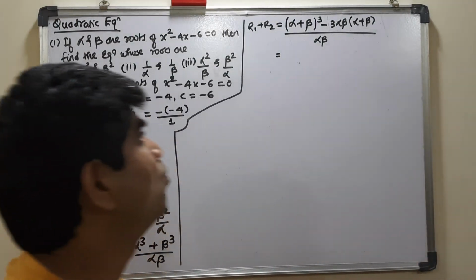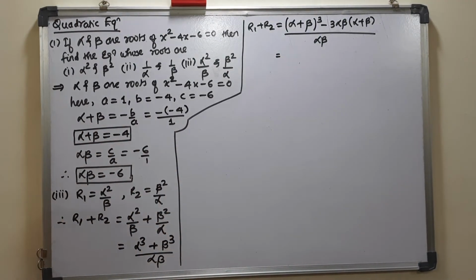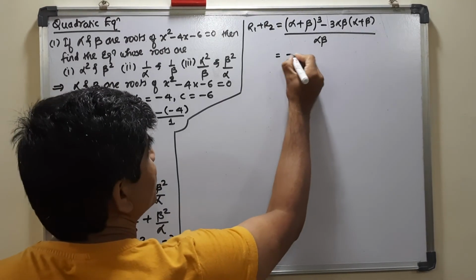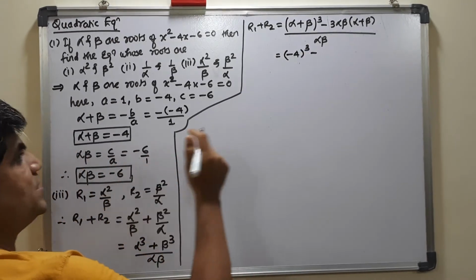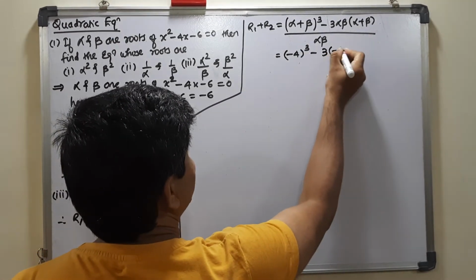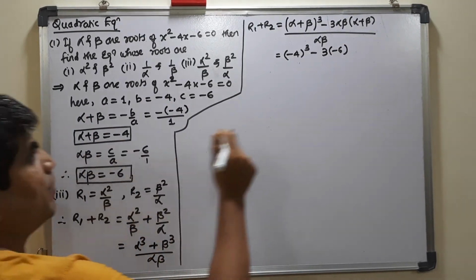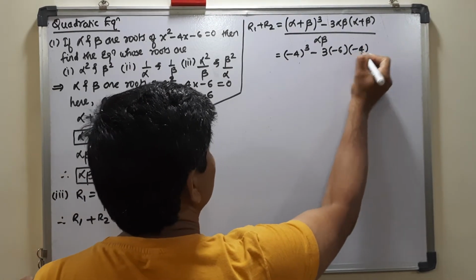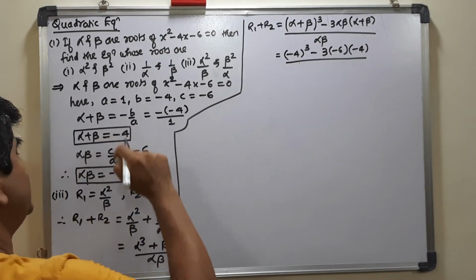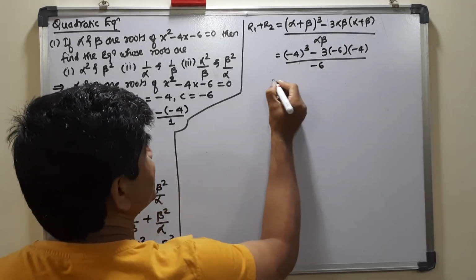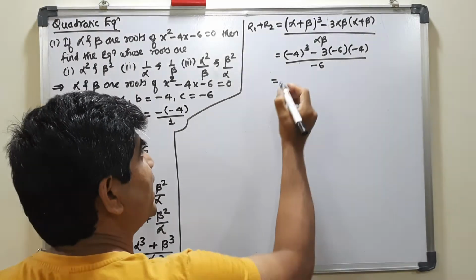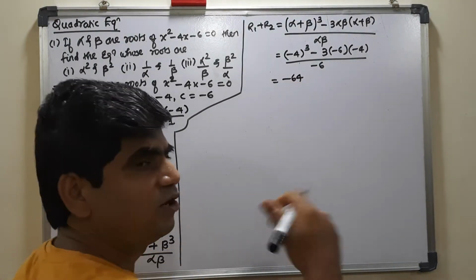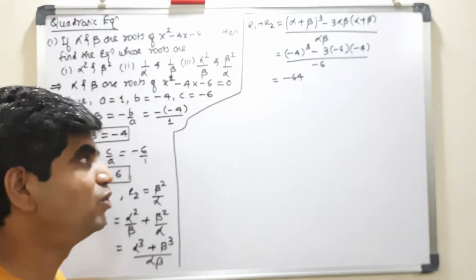Okay. So what I get here is alpha plus beta, mine is minus 4. So this is minus 4 cube, minus 3 into alpha beta which is minus 6, into alpha plus beta again minus 4, upon alpha beta which is minus 6. So this is 4 cube. 4 cube is minus 64. 4 into 4 into 4. 4 fours are 16, 16 fours are 64.